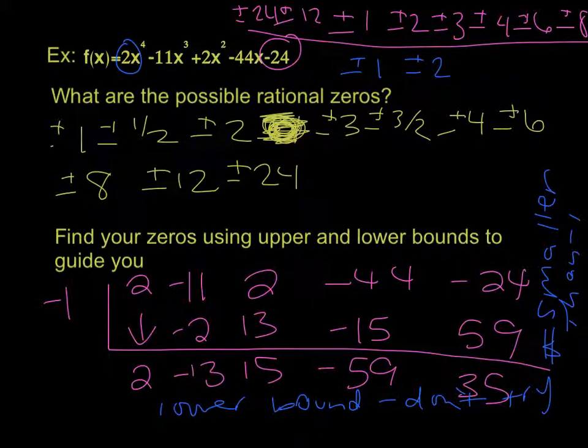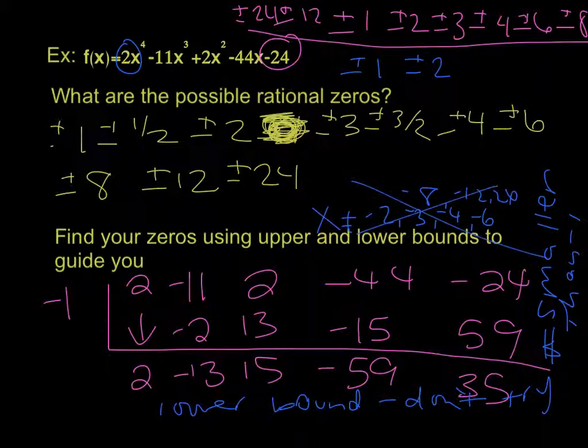For example, I'm not going to try negative 2, negative 3, negative 4, negative 6, negative 8, negative 12, negative 24. I'm not going to try those. That eliminates some of my choices, so I'm basically going to have to stick with negative 1/2 and larger. I'm going to add another screen and work on the next page.